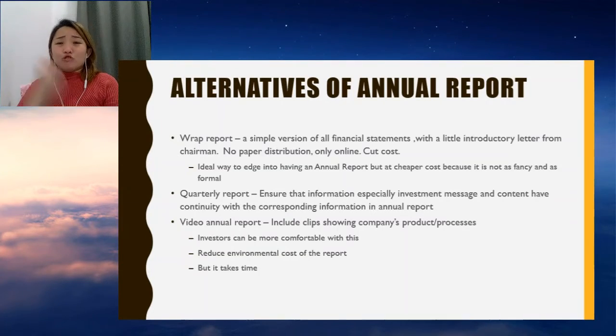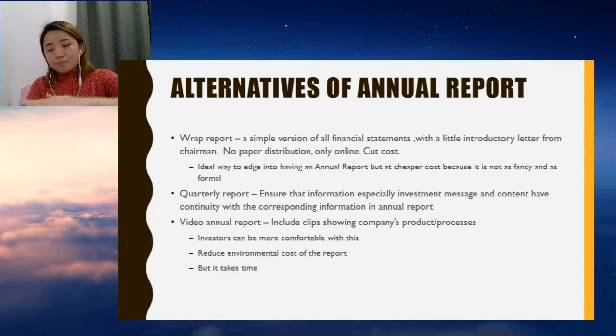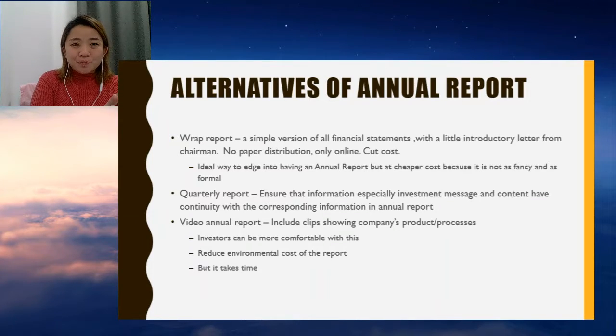So we will come up with a RAP report, which is a simple version of all the financial statements. Nothing much about the chairman and so on. It's very simple, clear-cut on the financial status, and it's usually only online, no paper distribution. Usually companies will have a compilation of RAP reports that will then be turned into an annual report. So that's one way it can be done.